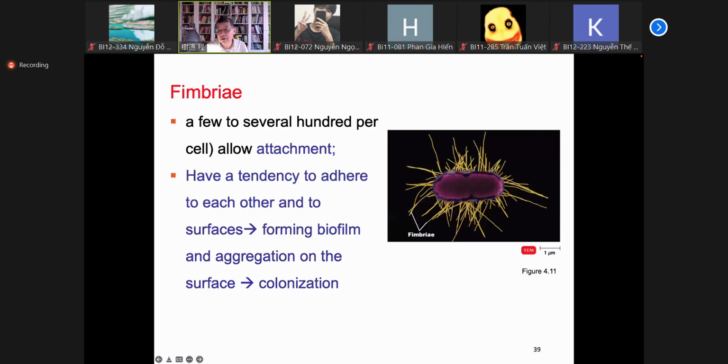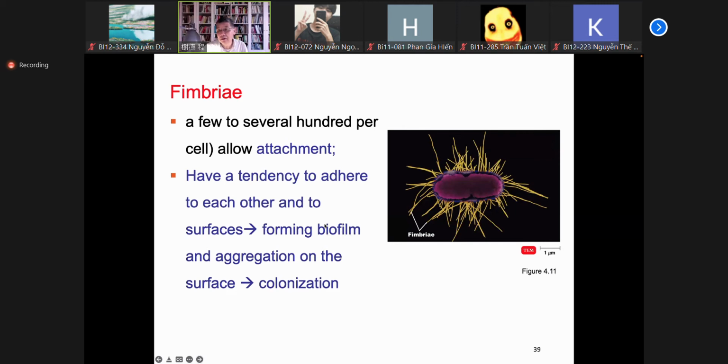Then finally, we have 10 more minutes. The cell wall, emanating from the cell wall, or perhaps from the plasma membrane. The function is to form biofilm.